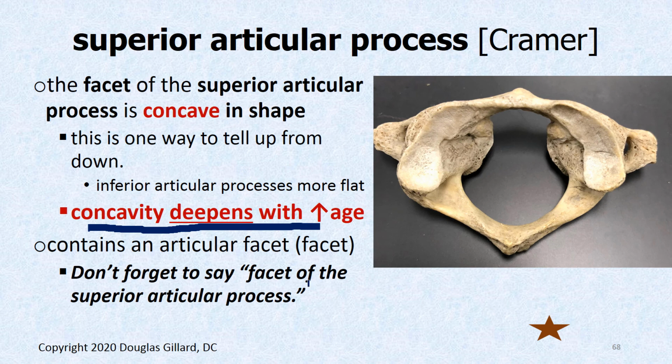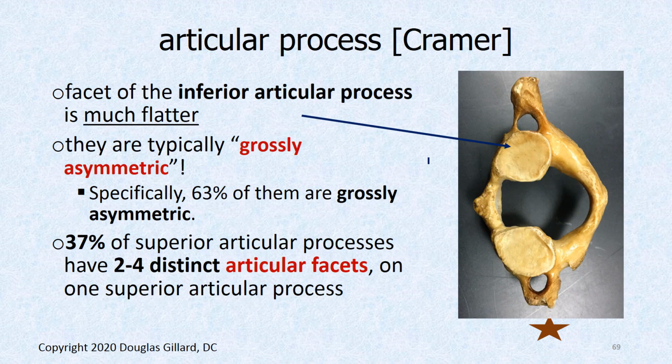Don't forget to say facet of the superior articular process. We know that. And then I've already said this. Is this the I to S view or SI view? This is an IS view, right? Because these are flat. They would connect with C2.